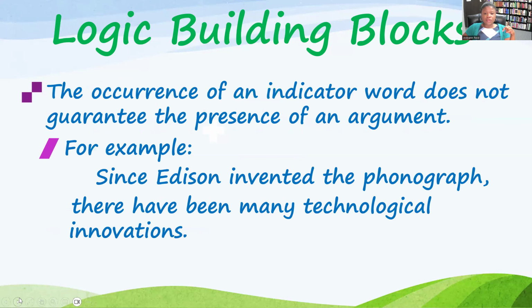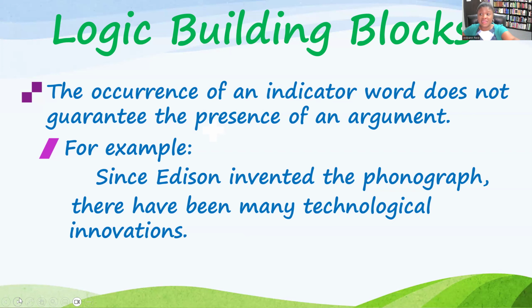And so let's look at an example of something that looks like an argument, but it is not, because it has an indicator word. Let's look at this. Since Edison invented the phonograph, there have been many technological inventions.